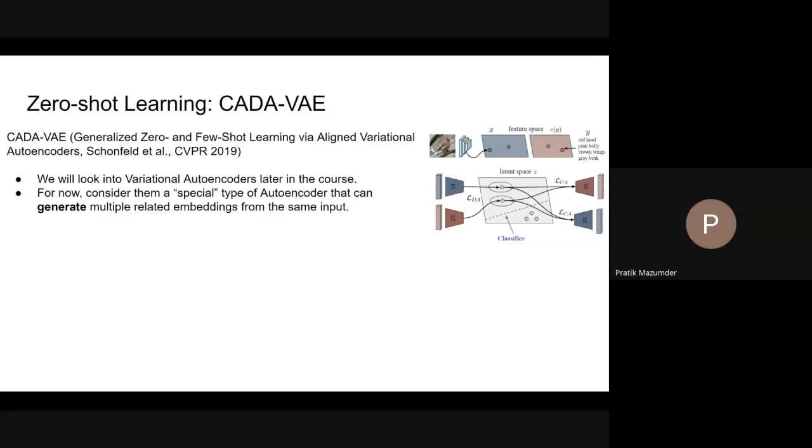So for this particular problem, as I had mentioned, I'll do this again over here so that there's no disturbance as such. In terms of understanding, you have some seen classes and some unseen classes. For the seen classes, you have access to your training data as well as the labels.